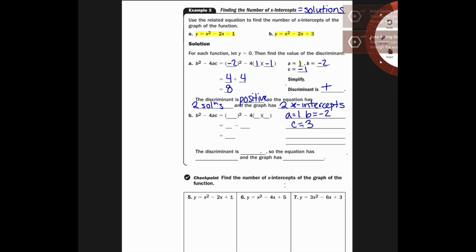So let's plug that in. So I have negative 2 squared minus 4 times 1 times 3, which will be a 4, minus a 12, which is a negative 8. Well, that's a negative. So since it's negative, we know it's going to have no solutions, which means the graph is actually going to have no x-intercepts.